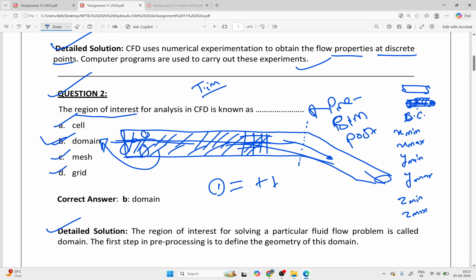Here you need to define your boundary conditions. Then we need to apply the initial conditions. Whatever initial condition you apply will be maintained in each grid. If you apply an initial velocity of 1 meter per second, it means at each grid point you are applying 1 meter per second. So remember.